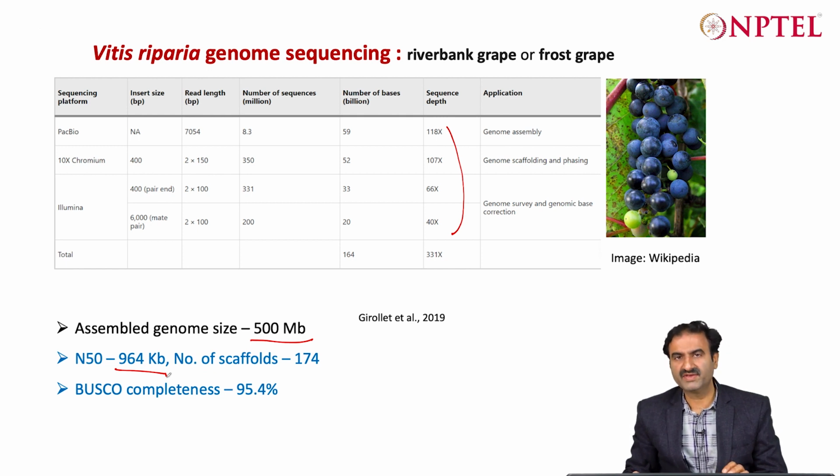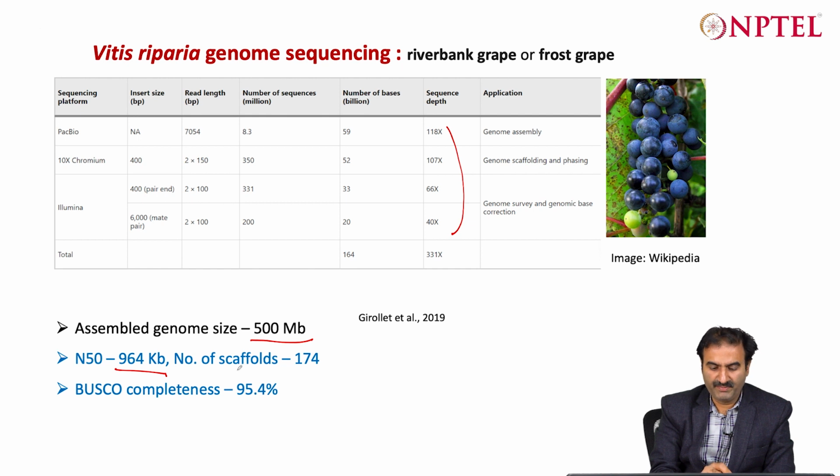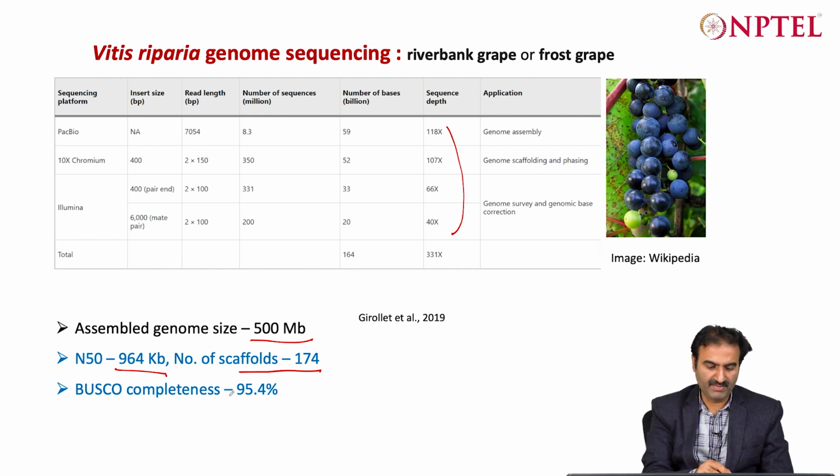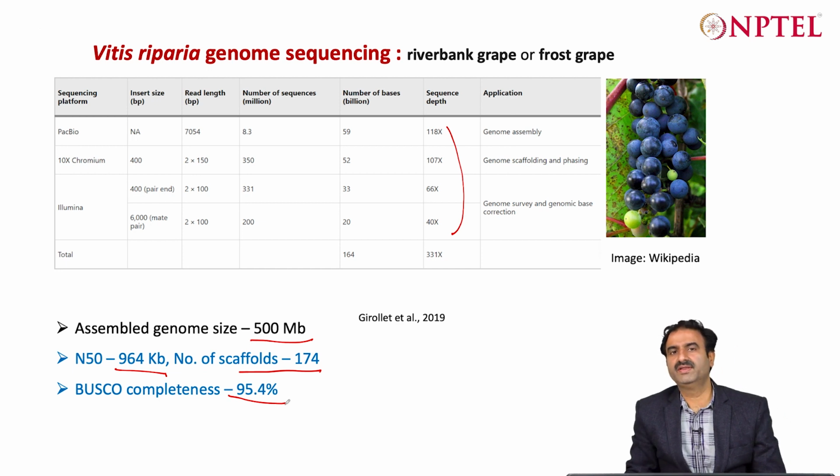Which is actually not that bad, and this much N50 is good for going for the chromosome level assembly also, because anything above half a MB, or basically 0.5 MB or 500 KB, is good enough to go for a chromosome level assembly using the Hi-C technology. And the number of pieces was 174, which is good. And BUSCO completeness is also 95 and above, that means almost 95% of the genome you could cover.